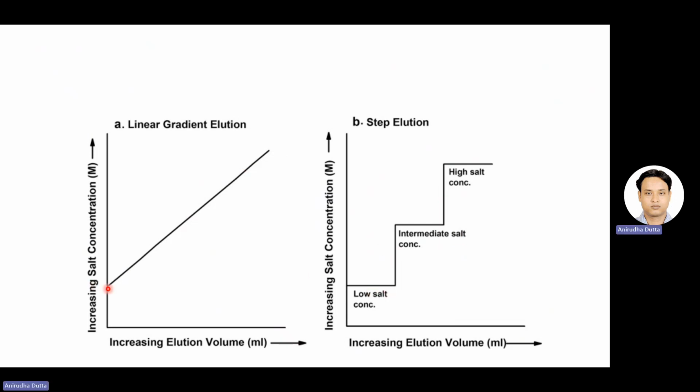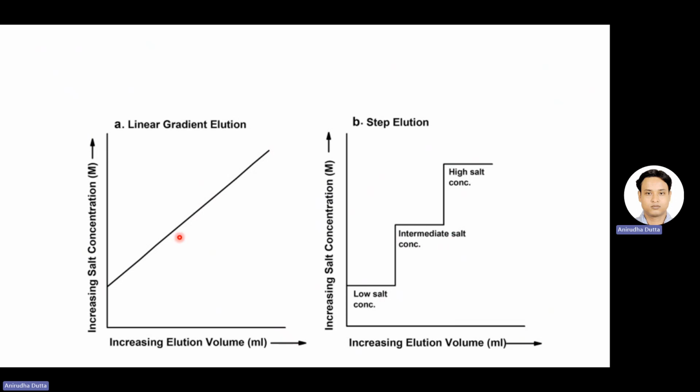Alternatively, we can make a linear gradient of salt starting from a lower salt concentration to a particular higher salt concentration with a continuous linear gradient. Okay, so how would these two be different?